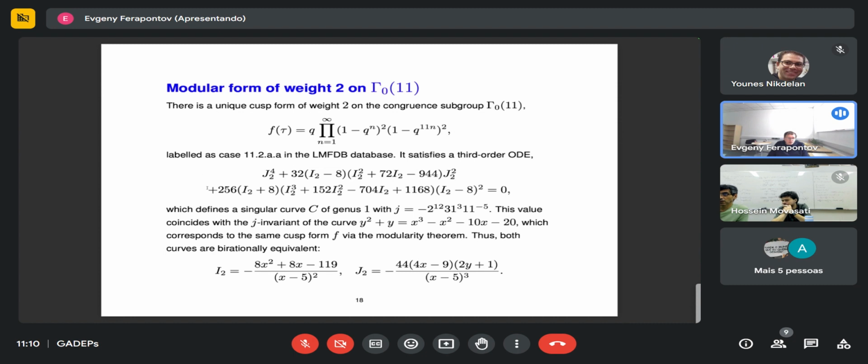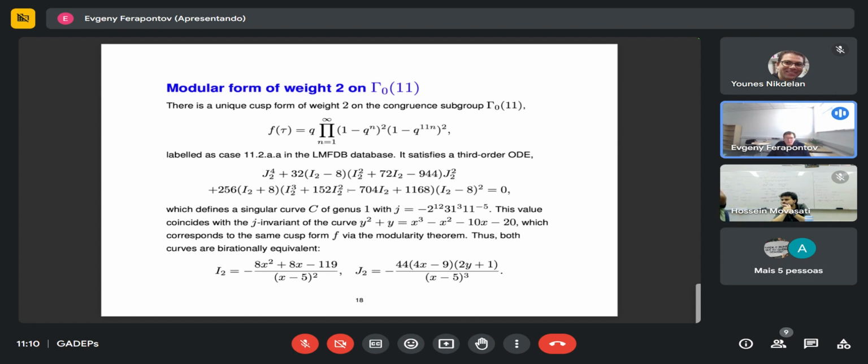But as a curve, you can check that it has genus 1 and J invariant equal to this expression. There are Maple programs. If you type this curve and ask Maple what the genus is, Maple says genus 1. What is the J invariant? Maple says it's this, right? Although this curve is singular and of high degree.